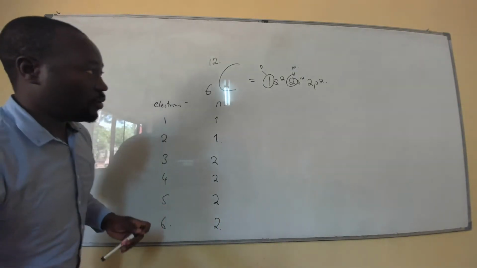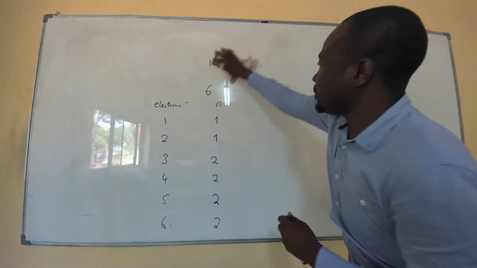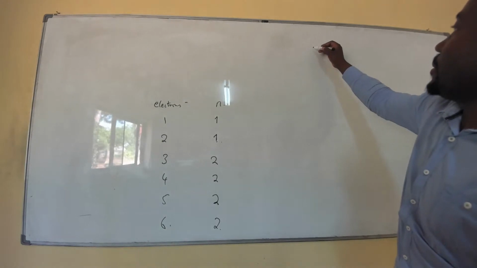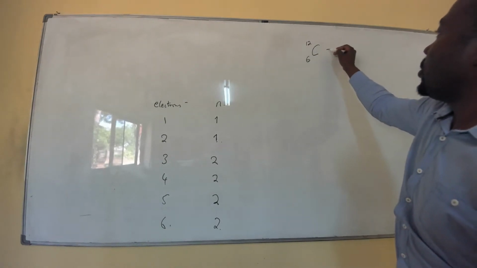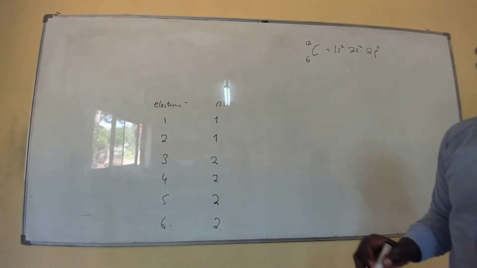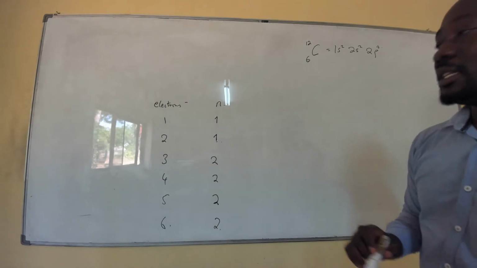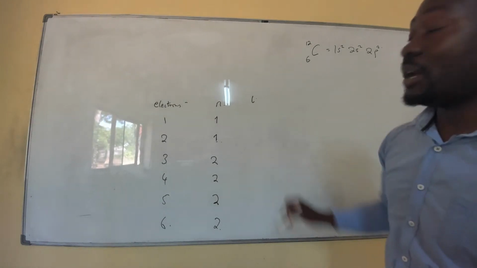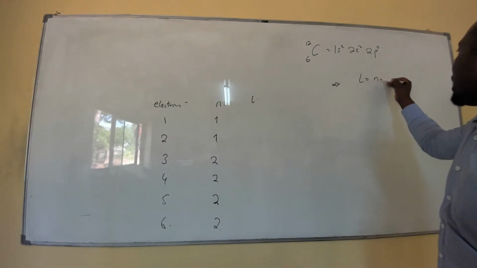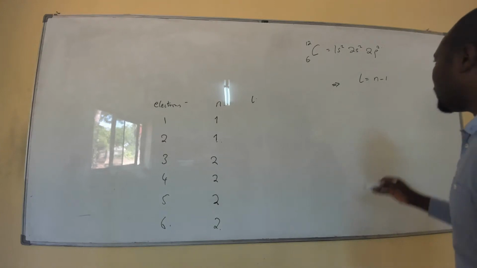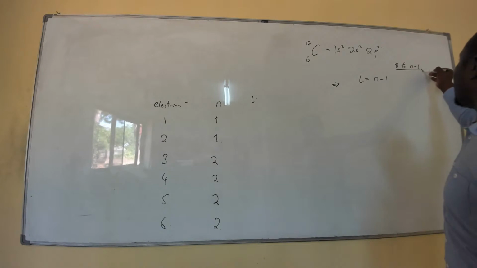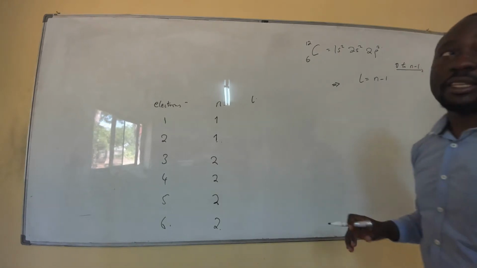Okay. Now we determine the angular momentum, given by L. You know from the lecture notes that L is represented by 0 to N minus 1, the same way as on the number line.